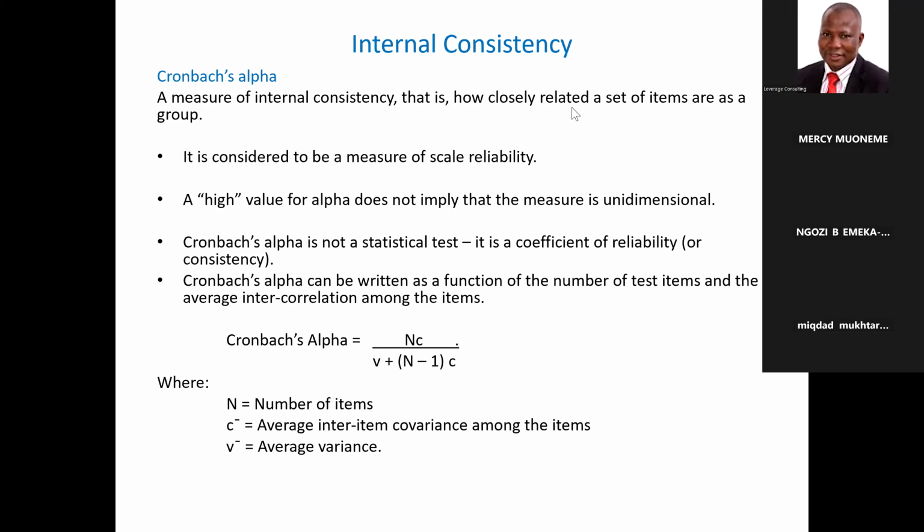Cronbach's alpha can be written as a function of the number of test items and the average intercorrelation among them. Just leave that one. Let me explain what it actually means. Maybe you have about 20 items measuring a particular construct, for example quality of life.